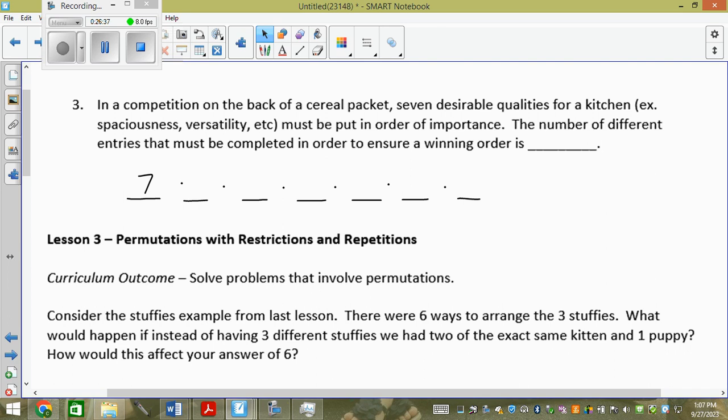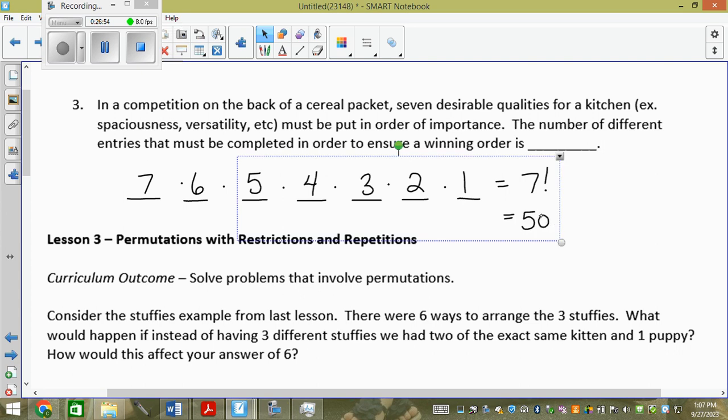Could it be like versatility, versatility, versatility? That's excessive. No, it would be 7 then 6, because I would leave one of the desirable qualities behind, right? 5, 4, 3, 2, 1, which is 7 factorial, which is 5,040, I believe. Okay.